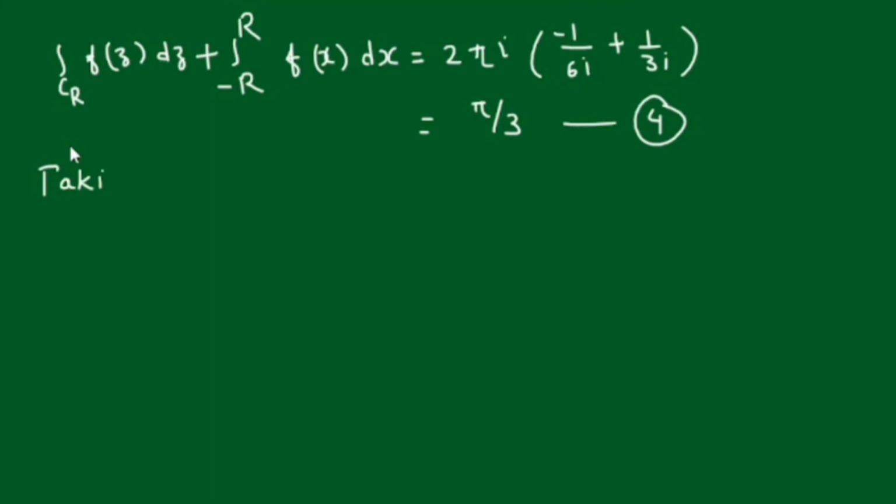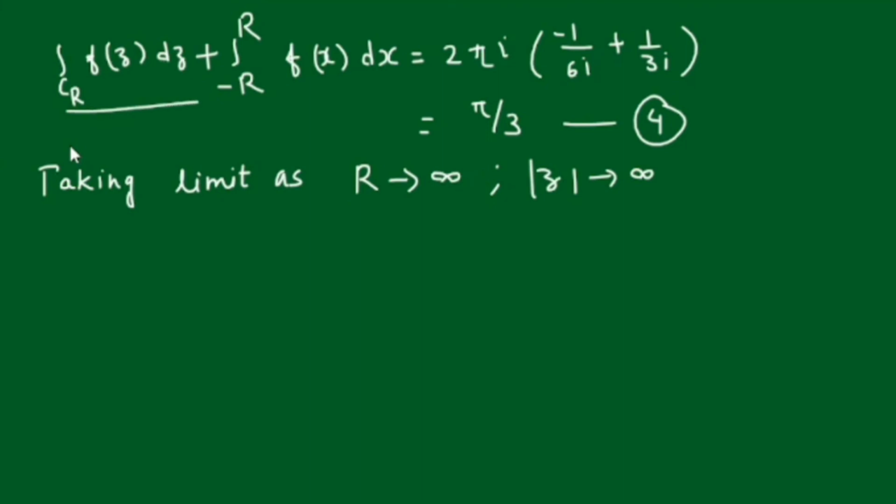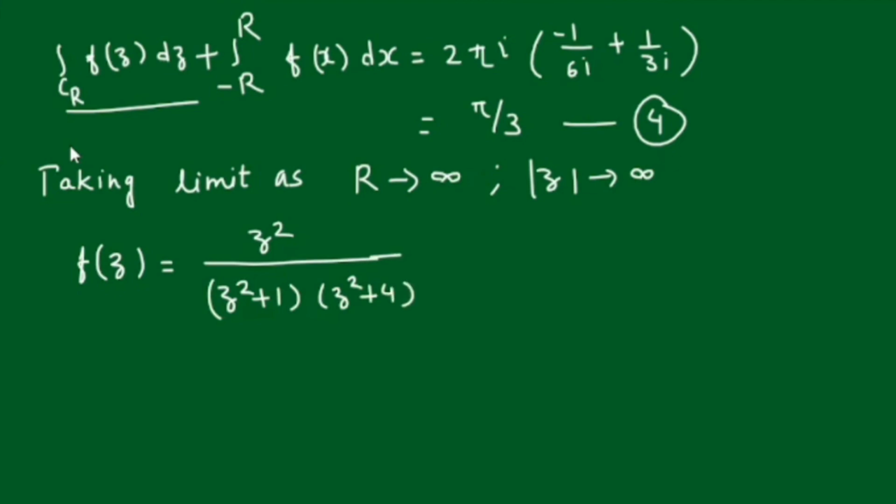So taking limit as r tends to infinite, or this mod of z tends to infinite, right? So what happens to this function if we take limit z tends to infinite? For it, we consider the function f(z) is equal to z square divided by z square plus 1 into z square plus 4.